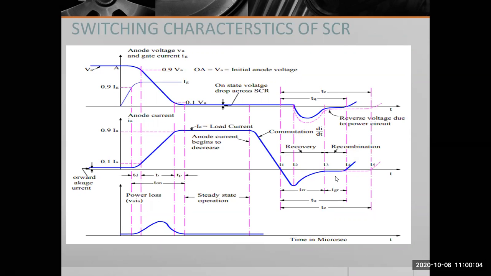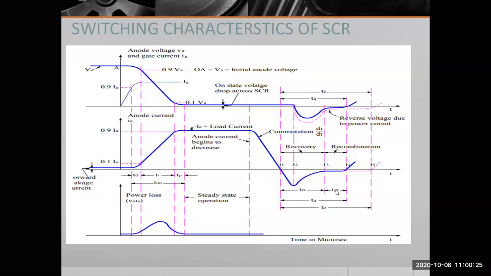Whereas during the gate recovery time, the excess charge carriers which are present inside the inner layers, the J2 junction, are removed. J1 and J3 are the outer junctions, J2 is the inner junction.